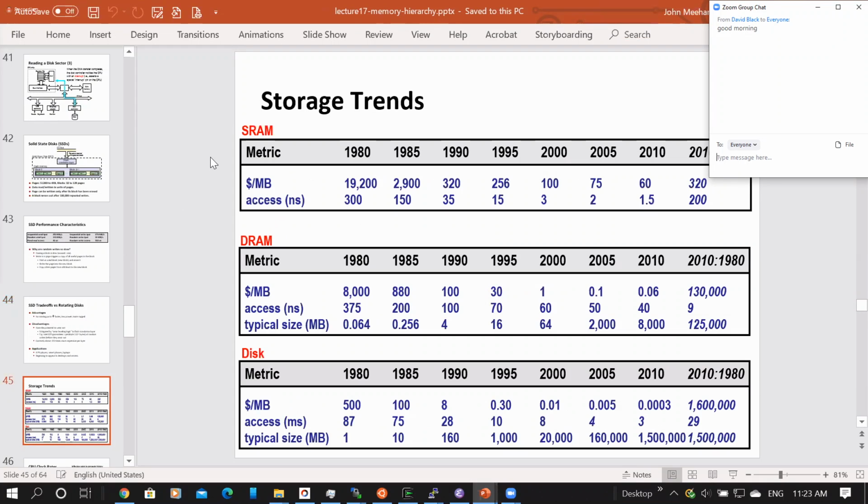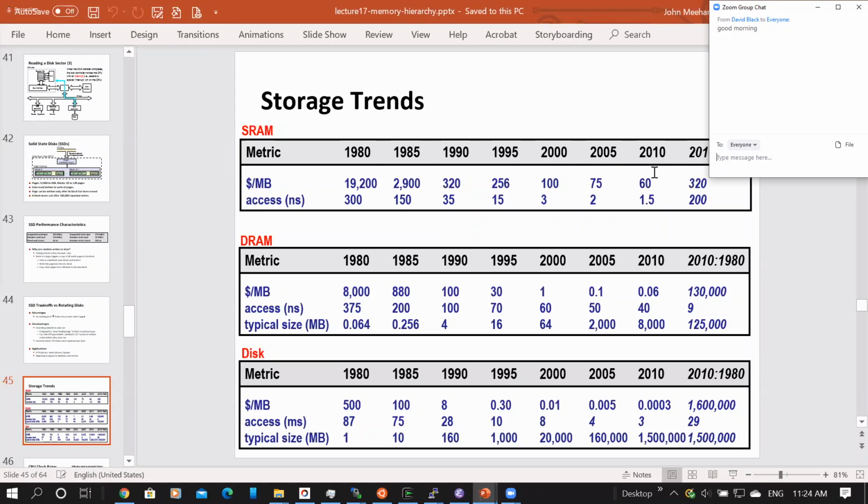So if you look back at 30 years of history and you look at the prices, capacities, and speeds of all these different flavors of memory, you see some pretty incredible progress. 30, well, now 40 years ago, the price per megabyte of some transistor-based SRAM might have been $19,000, and it had 300 nanosecond access time.